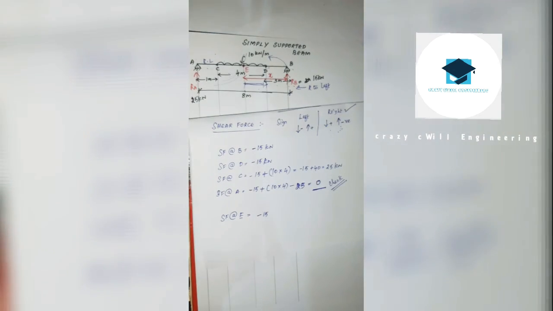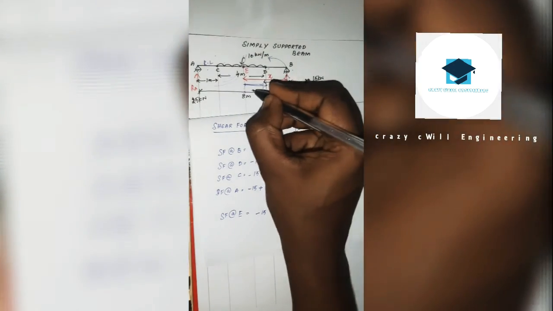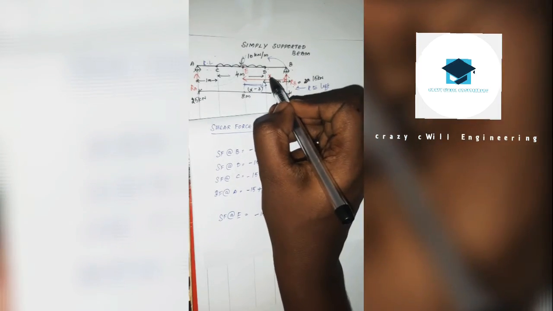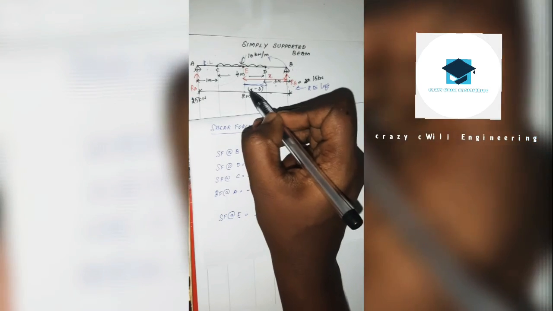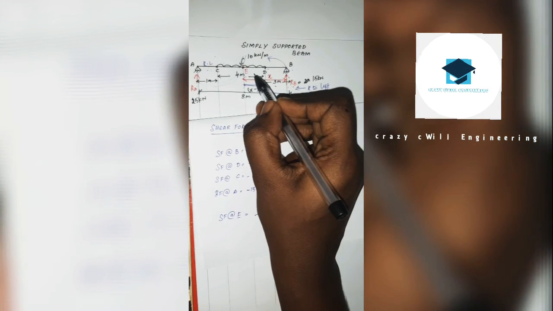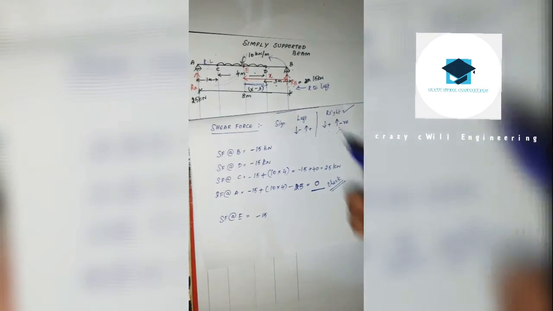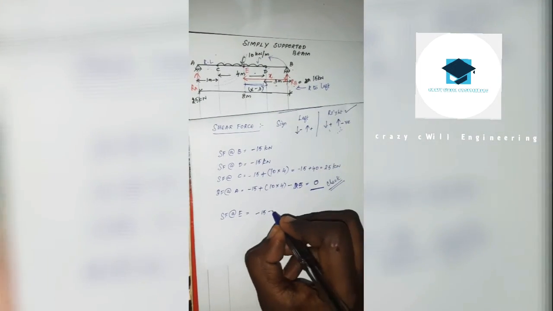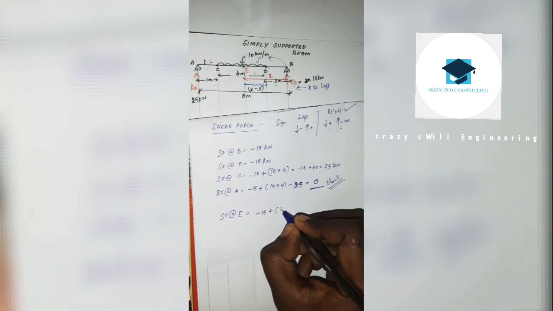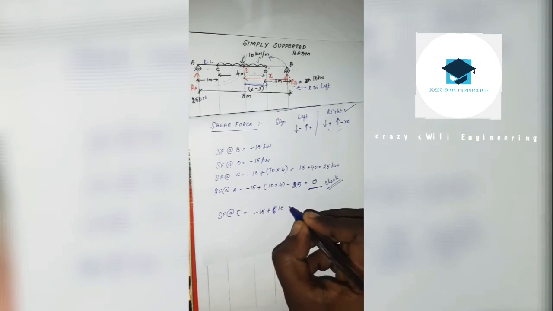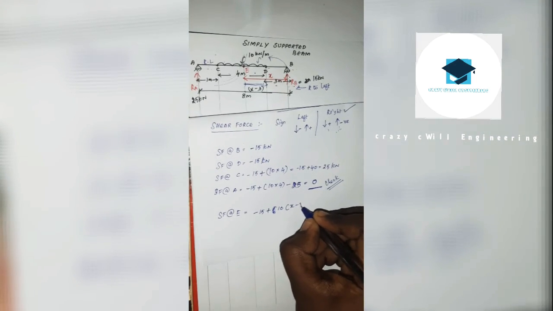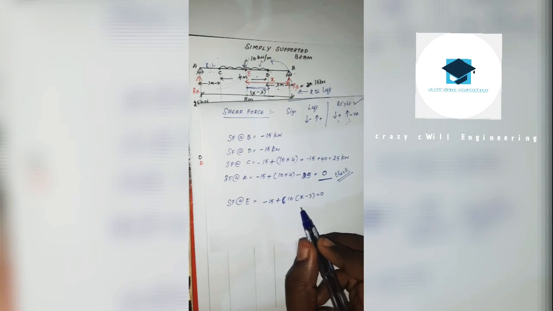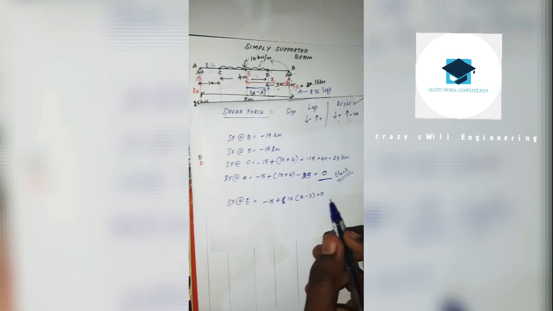What is the value? x minus 3. Because this is x, we neglect this 3. So x minus 3 is the length of the UDL here. The UDL is acting in the downward direction. Downward means positive. Put plus the UDL 10 into x minus 3, equal to 0. Here we have to find the x value, so we put equal to 0.